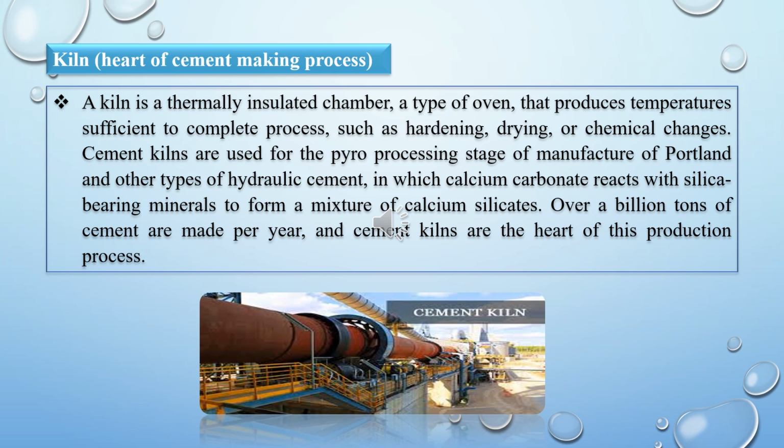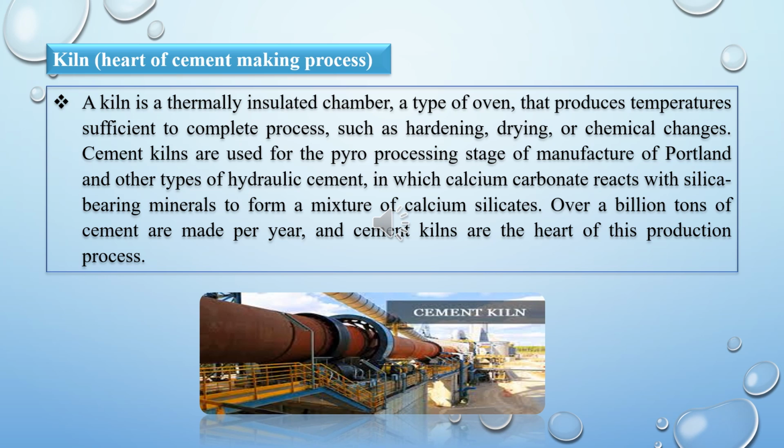Kiln, heart of the cement making process. A kiln is a thermally insulated chamber, a type of oven that produces temperature sufficient to complete the process, such as hardening, drying, or chemical changes.